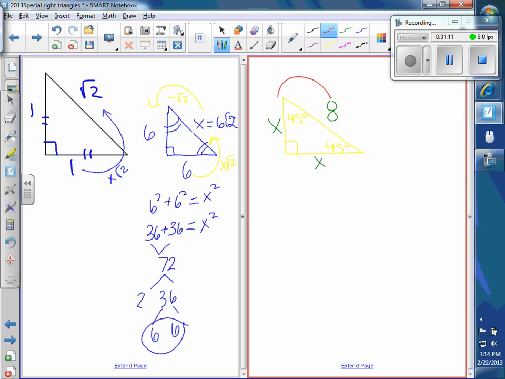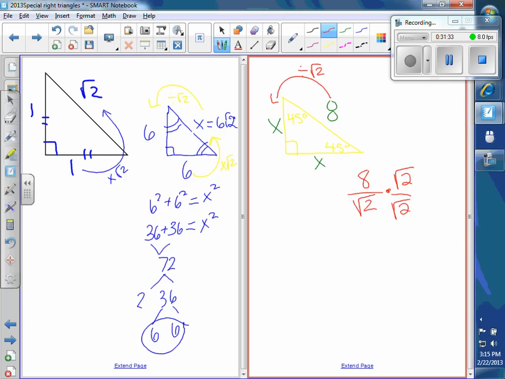Yes. You have to divide 8 by the square root of 2. Now you guys that are working ahead, you have to remember how to rationalize, so I would stop here. 8 divided by the square root of 2 is not considered a final form. So it's not considered simplified. So you need to rationalize it. You learned this last year.